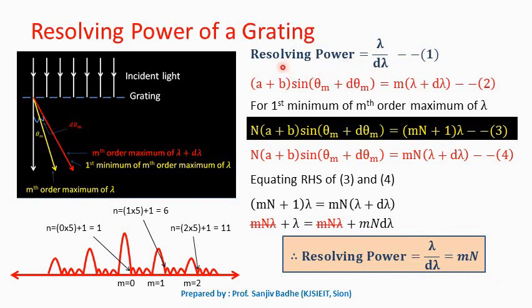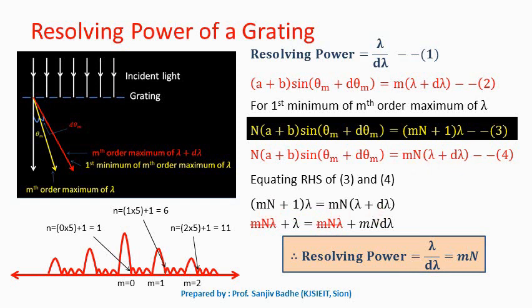So this is the relation for resolving power, lambda upon d lambda, that we will be using now. We got equation number 3 and equation number 4, and for these two equations the left hand sides were the same, so we can equate the right hand sides of the two equations. So (mN plus 1) lambda is equal to mN lambda plus d lambda.